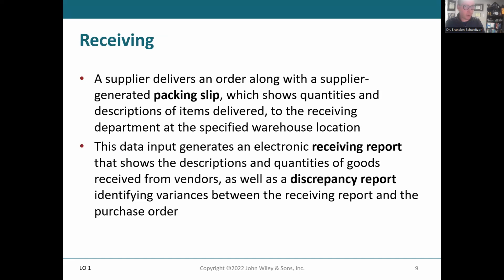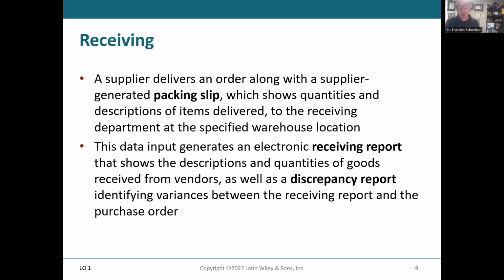Then, of course, when I receive the order that I place with my vendor, it typically comes with what we call a packing slip. It tells us the quantity and the descriptions of what I'm receiving. We put the packing slip data into our accounting information system to generate what we call a receiving report.